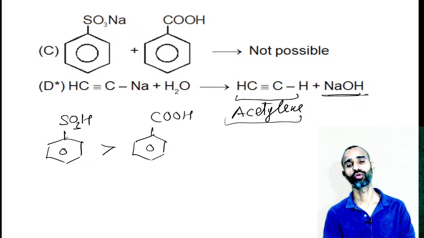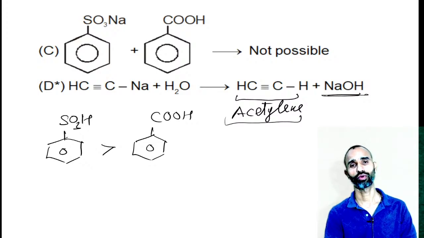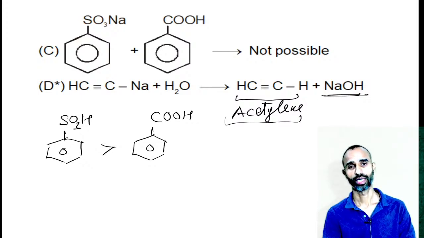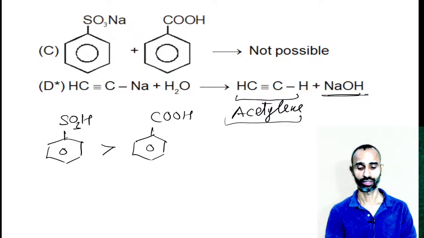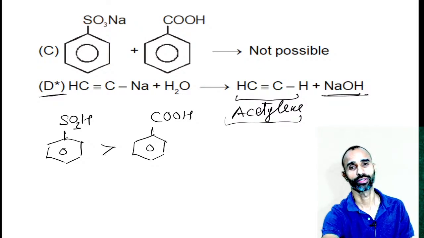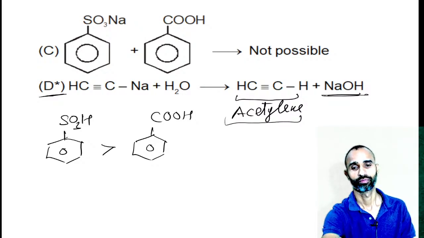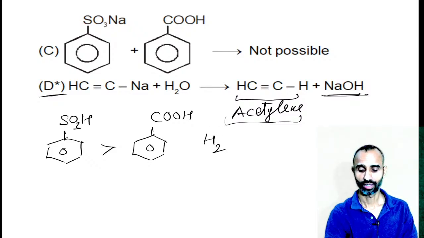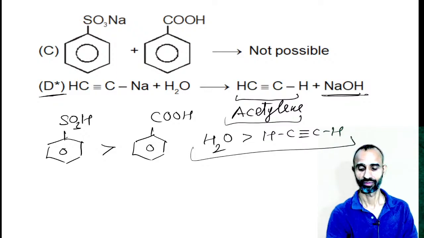But acetylene and water have almost the same acidic strength, so that's why it is marked with a star, that the reaction can take place to some extent, because water is a stronger acid than acetylene.